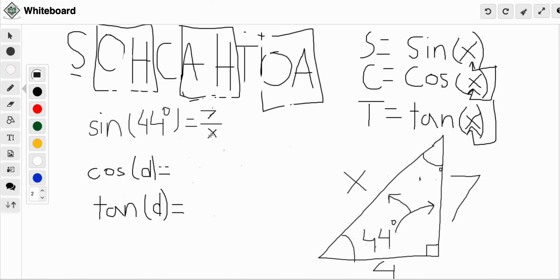And if you know from fraction rules, we're going to rearrange this and get that x is equal to 7 over the sine of 44 degrees. Apologies for my terrible handwriting. I'm just using a mouse pad on a Mac, and yeah. So this is our answer.